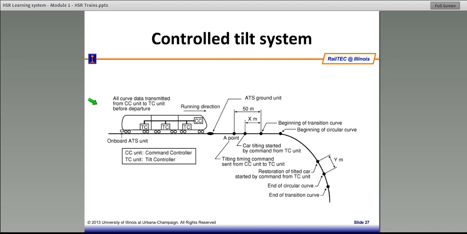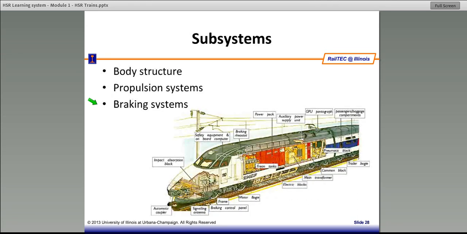And we will probably see more and more of this on high-speed trains, because some alignments or lines were originally designed with tight curves. And if you want to run at higher speed through that, then you have to equip your train with this type of tilting technology. Okay, so combining high speed with tilting is another technology.